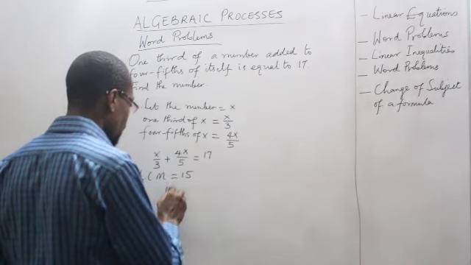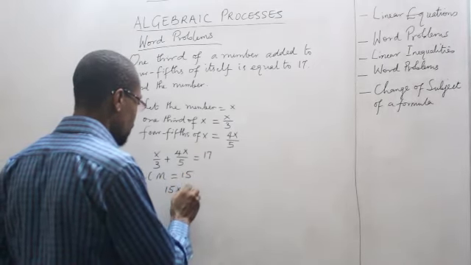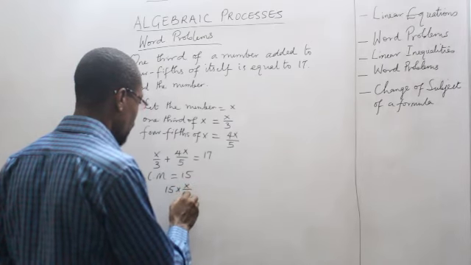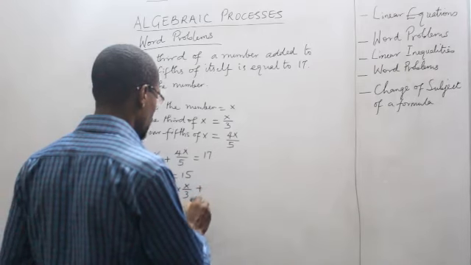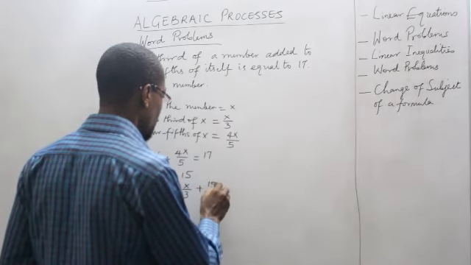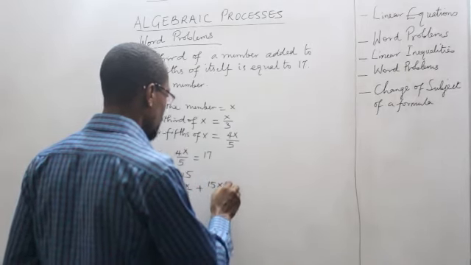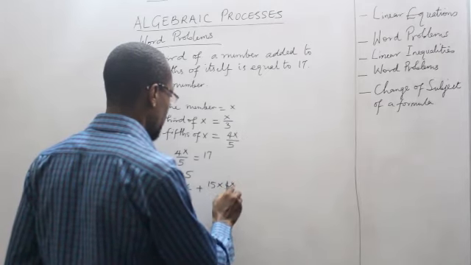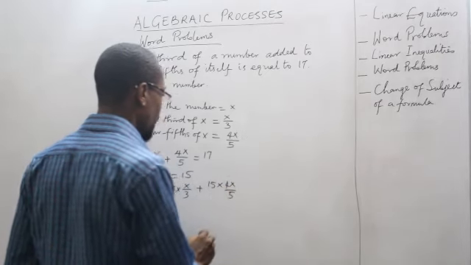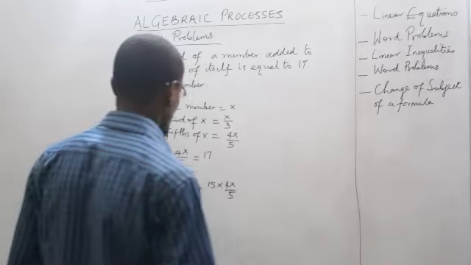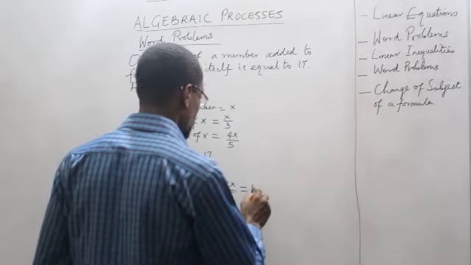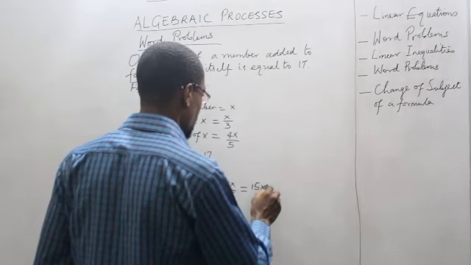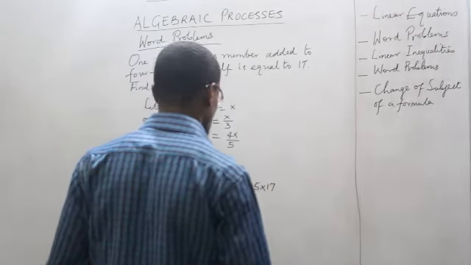So we say 15 times x over 3, plus 15 again times 4x over 5, equals 15 times 17.